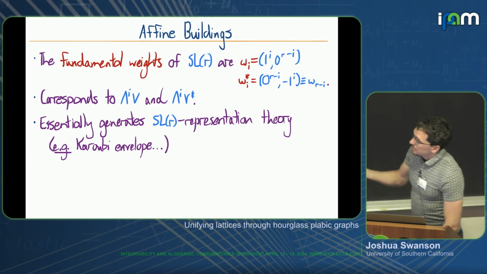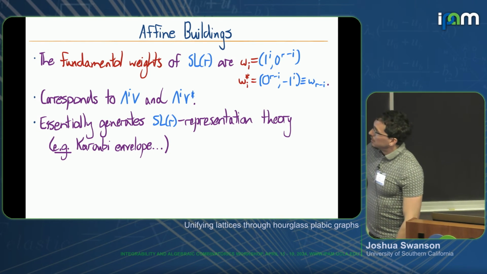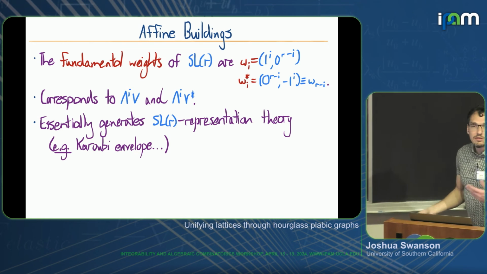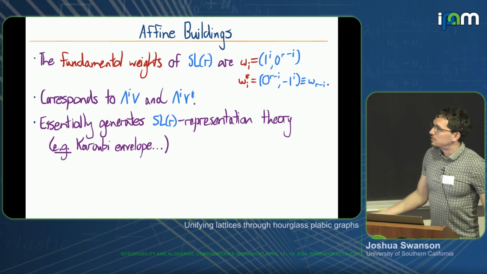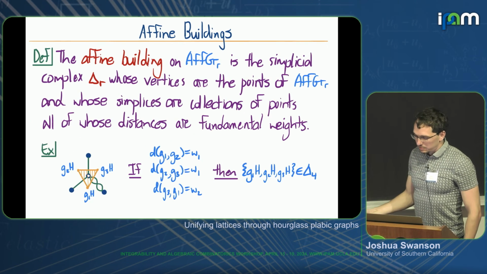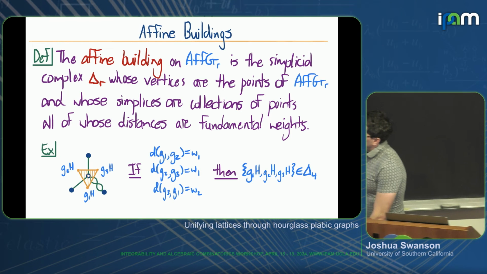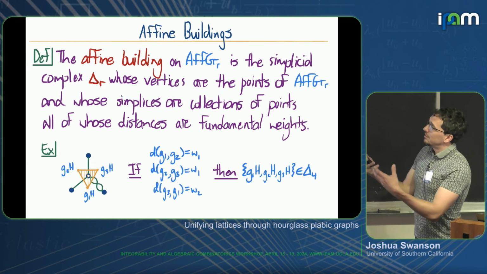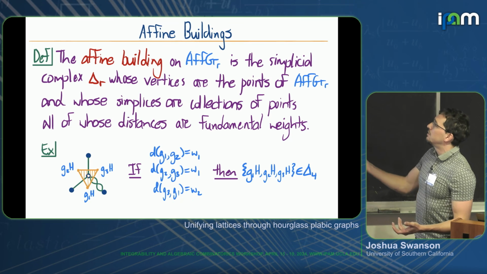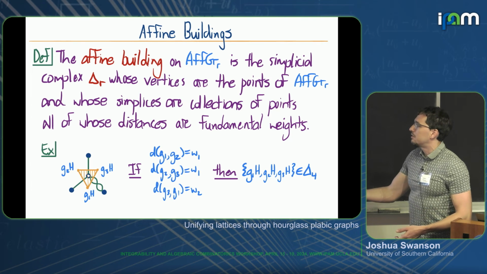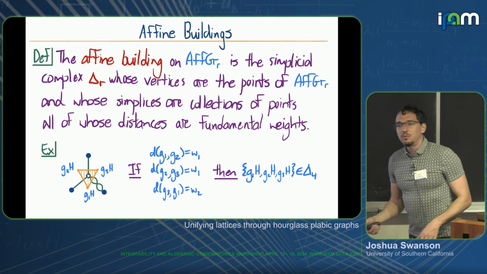The fundamental weights correspond to exterior powers of the defining representation. They sort of generate the representation theory through the Karoubi envelope construction, all that stuff. So the affine building is a simplicial complex whose vertices are points in the affine Grassmannian, and simplices are sort of collections of points that are fundamental distance apart.